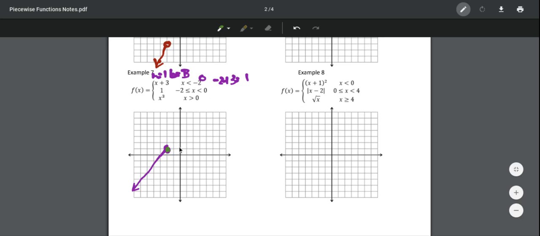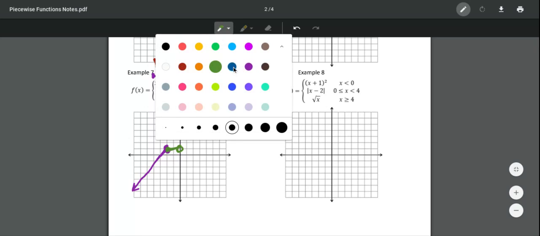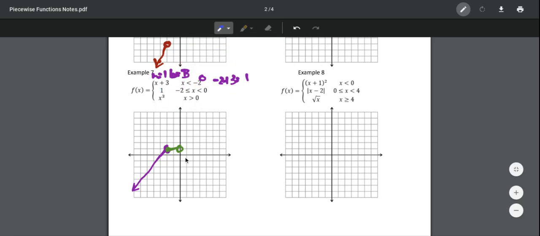And at 0, it's 1, and that's an open circle, so that's here. So these are connected dots. And x cubed on the 0 side, so that's this part of the graph. So that's this, remember this graph, but I only want this part of it.